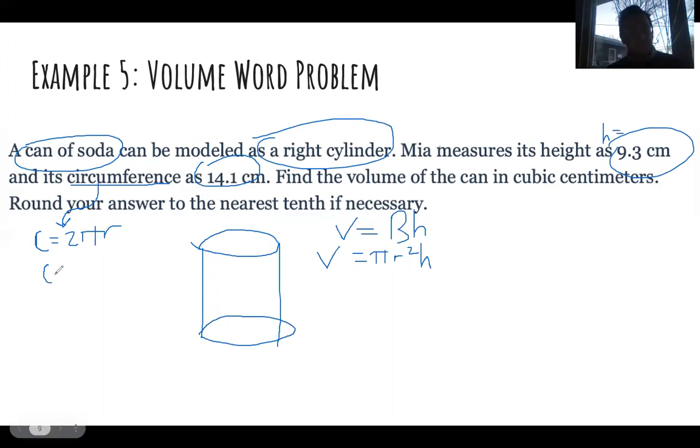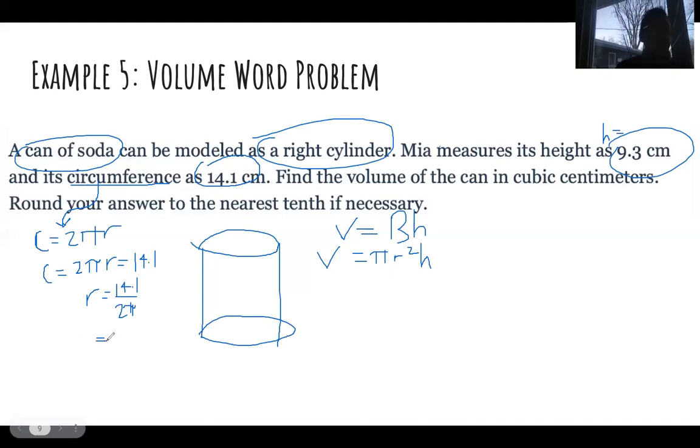And I'm going to plug in 2 pi r, and I'm going to set that equal to 14.1. And I'm going to solve for r. So r is effectively 14.1 divided by 2 pi.